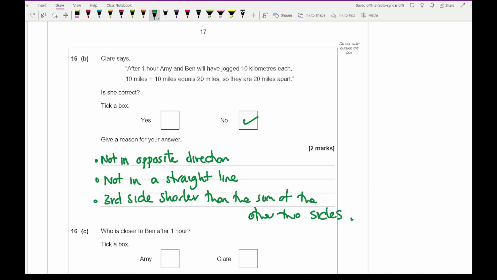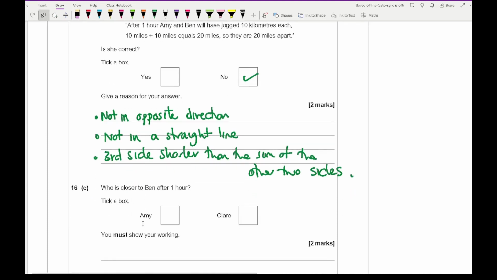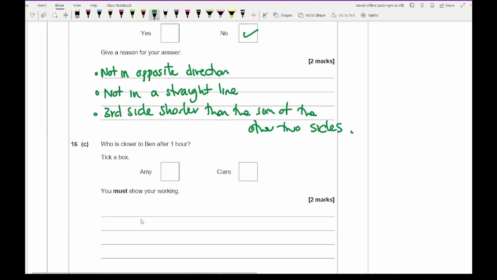So if you join the points up, in this case, does it become a viable triangle? And that's not, it means it's not going to. But I would say the most common answers will probably be that they're not going in opposite directions and they're not going in a straight line in opposite directions.